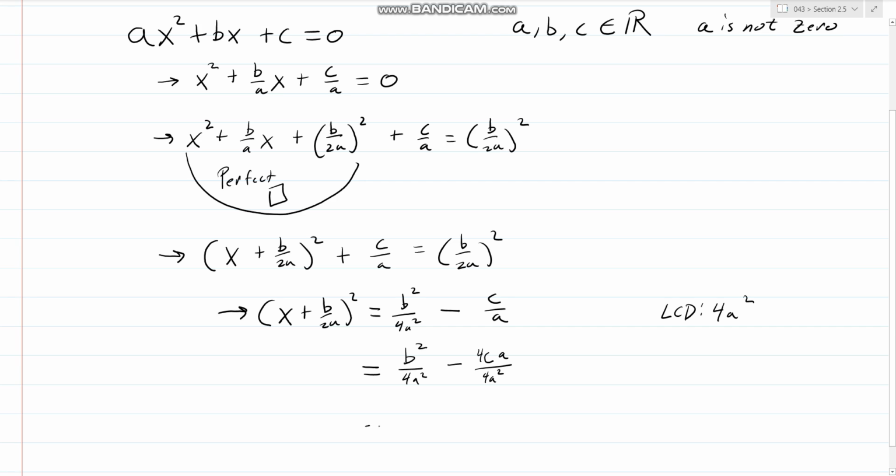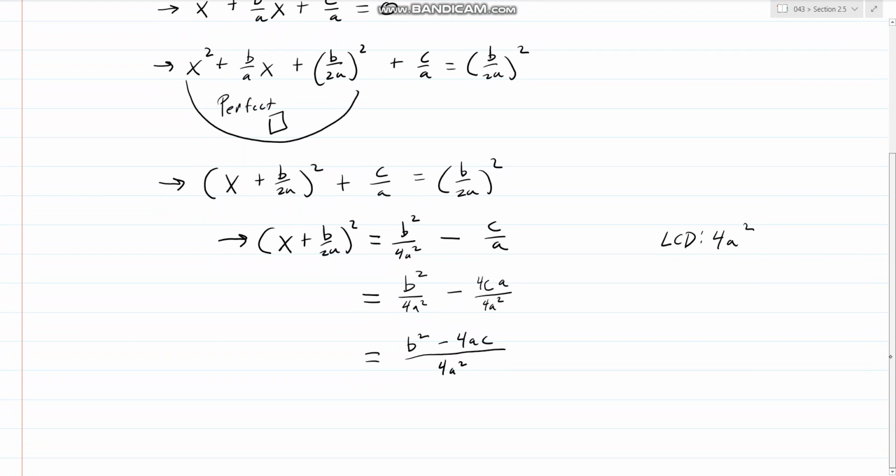Now they're over the same denominator, so I can go b squared minus 4ac, might as well put them in alphabetical order there, over 4a squared. I think I've combined them just about the best I possibly can. So I'm going to bring this back down. We'll just say that that was kind of a ditto.